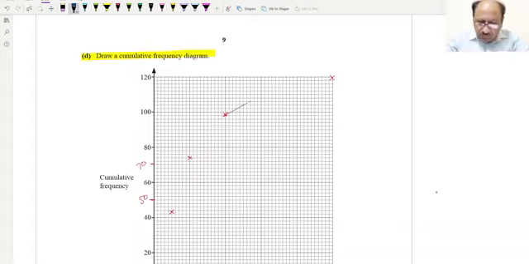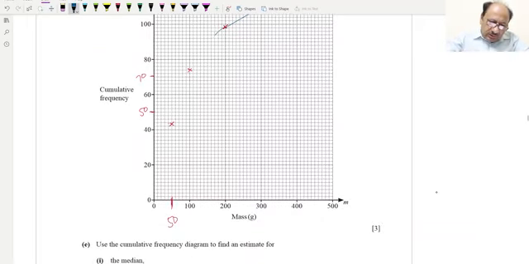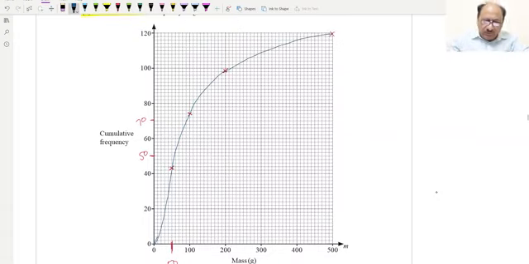For the smoother curve, we can draw like this, and on this side also we have to draw a smoother curve, as smooth as possible. We can curve it like this, and this is almost the smoother curve which we have done.